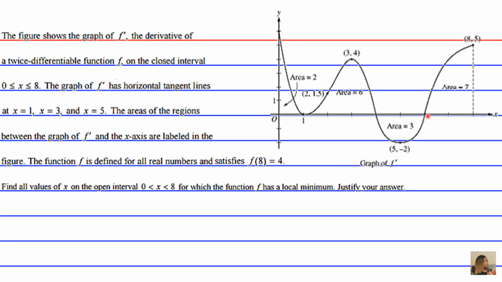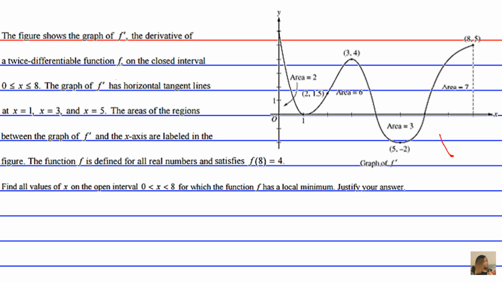But a local minimum occurs where the sign changes from negative to positive, because what that means is that on the actual graph of f, when the derivative is negative, that means the slope is negative.